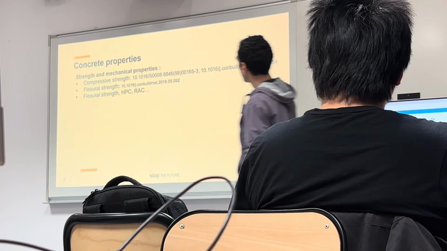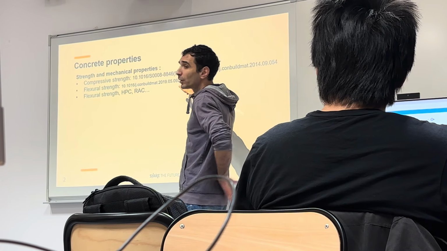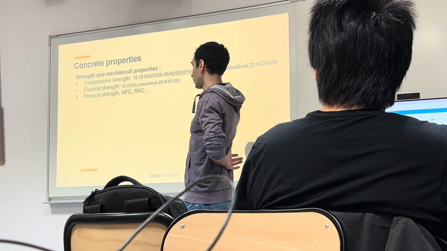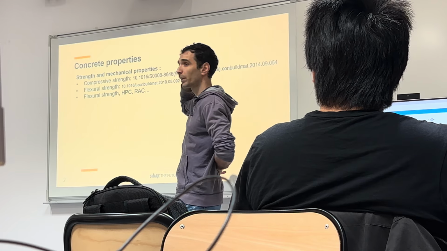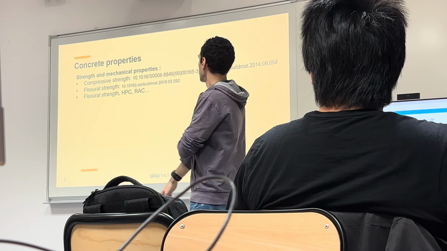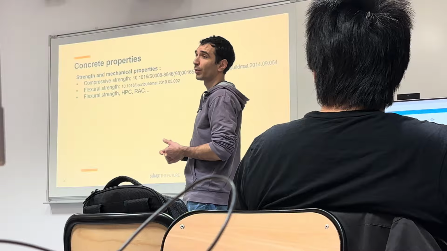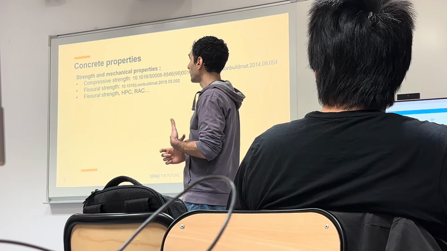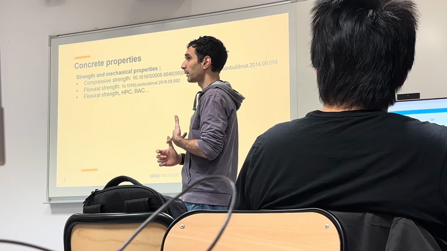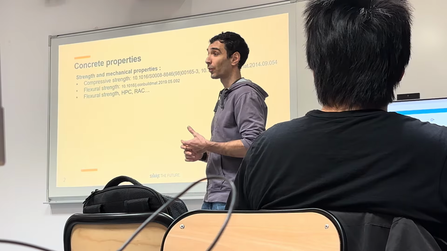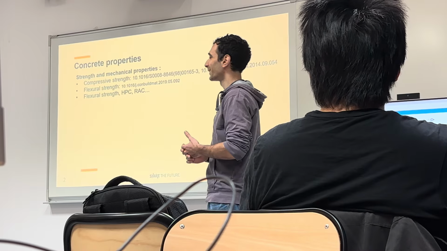I think the first paper about the use of machine learning in concrete science was the prediction of compressive strength. So it dates back to 1998. So it's almost 30 years old now.